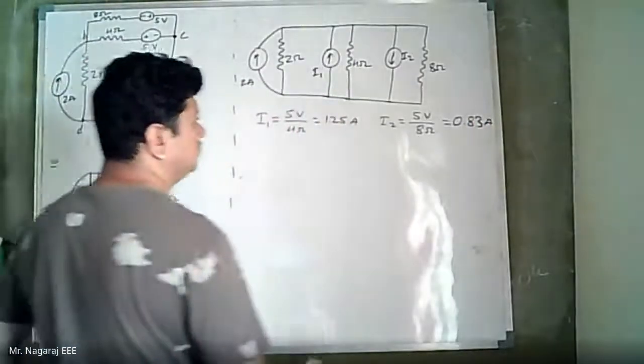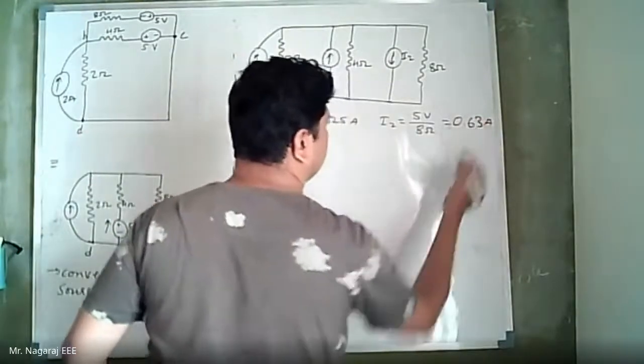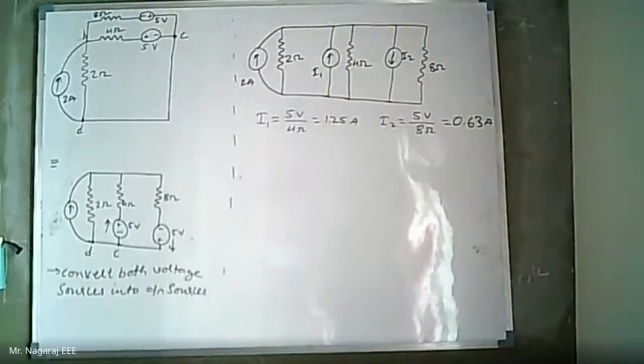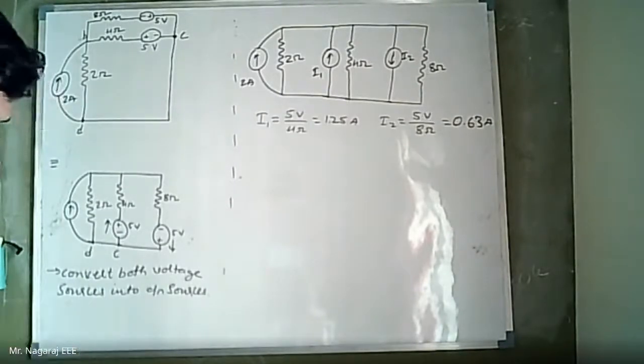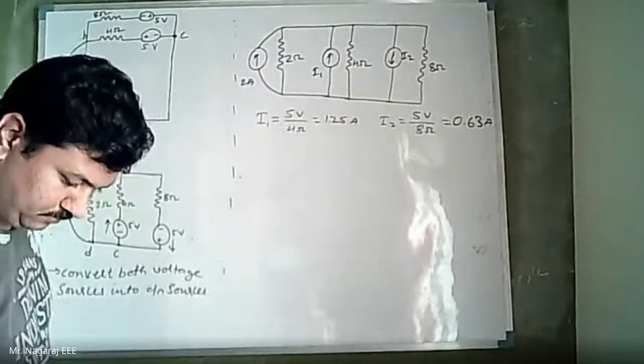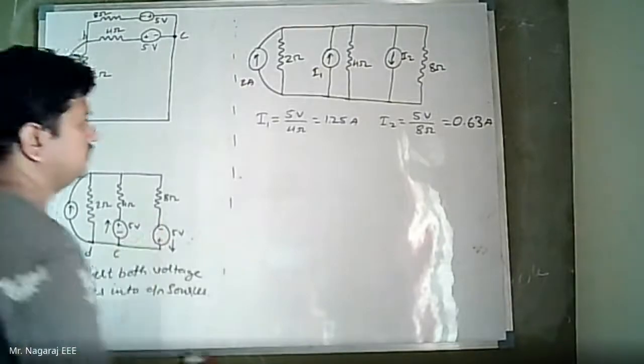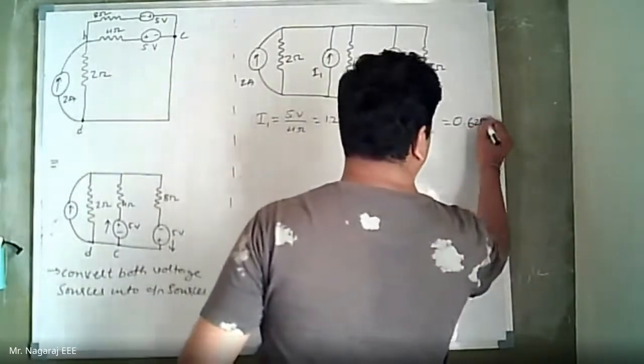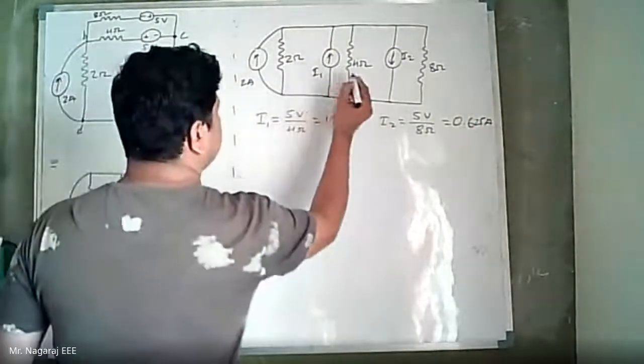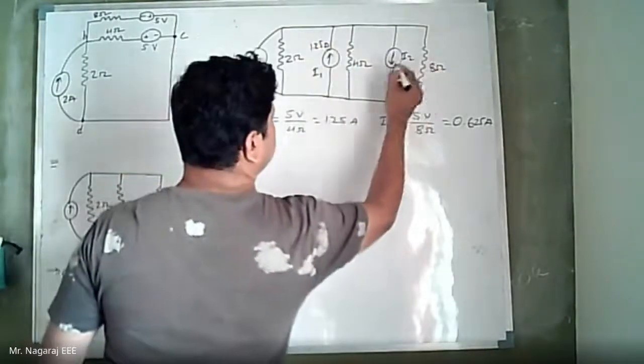Not 0.83, it is 0.63. Roughly, it will come to 0.625 amperes. So now this is 1.25, this is 0.625.